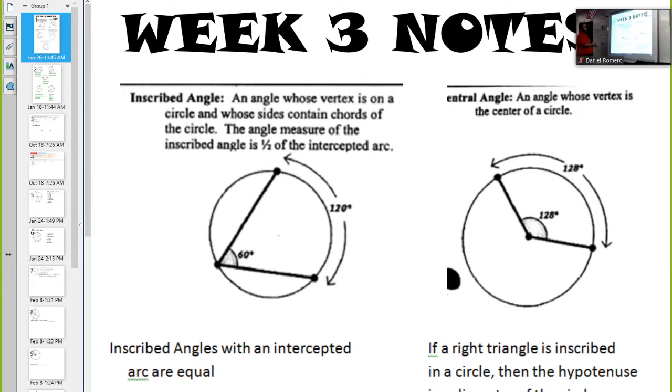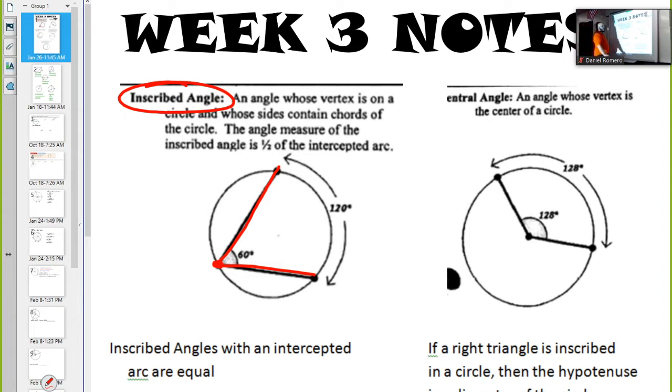There's two main angles within a circle that we study. The first angle is made up of two chords. So I have two chords that have a common endpoint, and they meet at a vertex on the circle. That is called an inscribed angle.